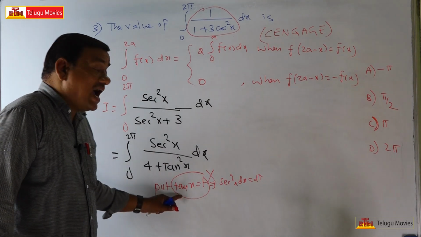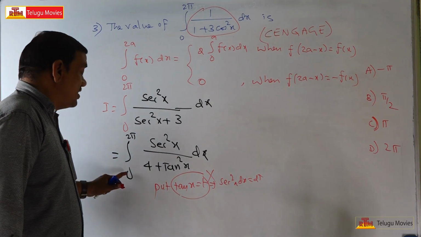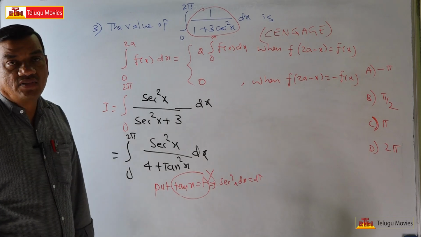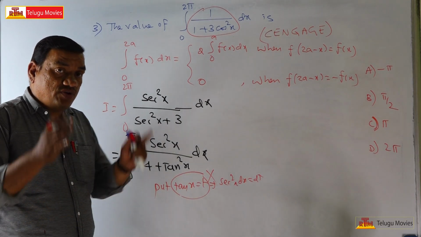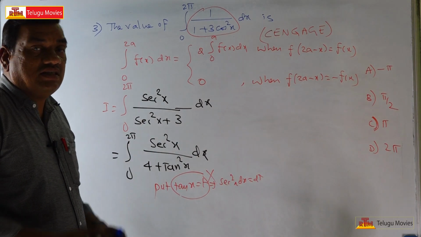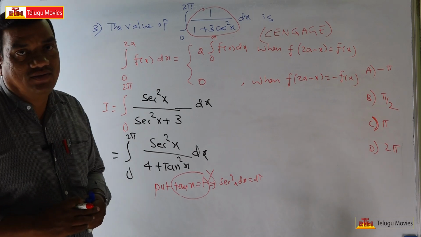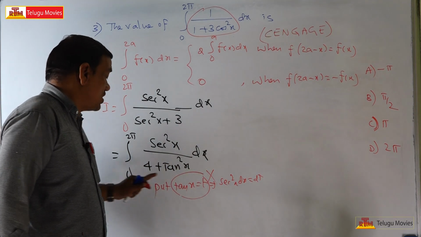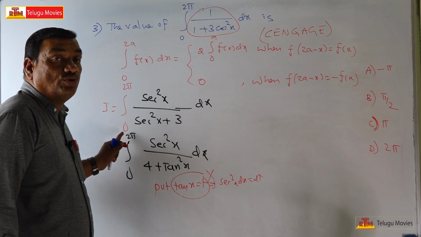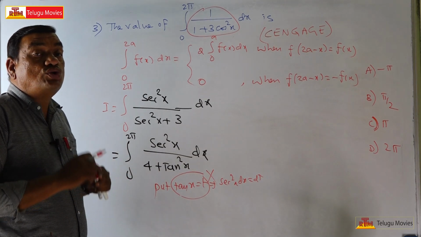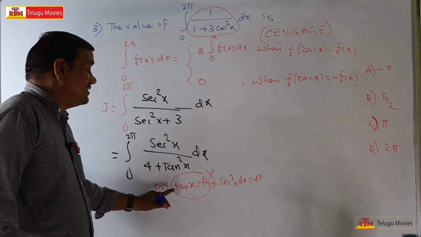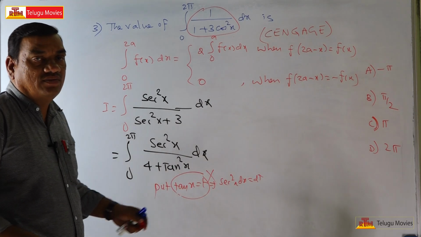Because tan x is not continuous in the interval 0 to 2 pi. If you observe the graph of tan x in the interval 0 to 2 pi, it breaks at some points. So at this stage you should not take tan x is equal to t.